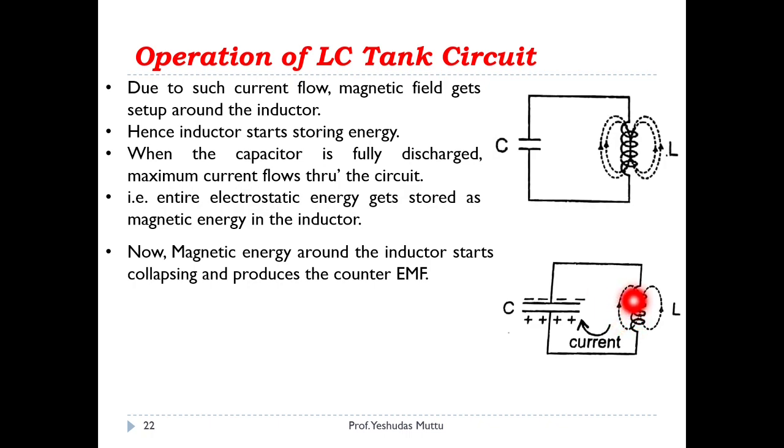And since it sets up the current in the opposite direction, the capacitor gets charged now, but in the opposite direction. Previously you had seen that there were negative charges over here and positive charges here. Now here there are positive and here there are negative. So it is getting charged in the opposite direction now.